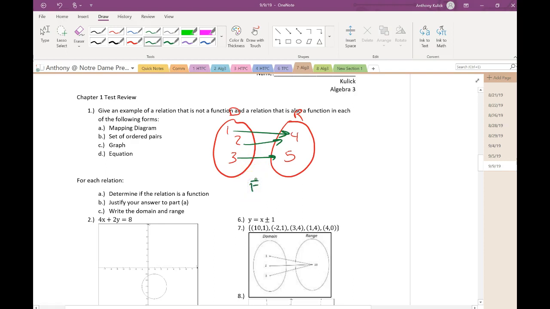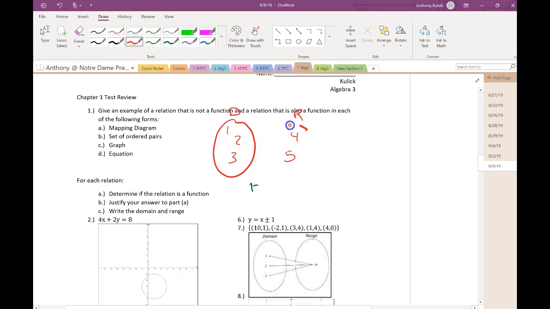Sure. You can have only one arrow going from a domain, and every domain has to have an arrow coming from it. Okay? Everybody's happy with that? Okay.